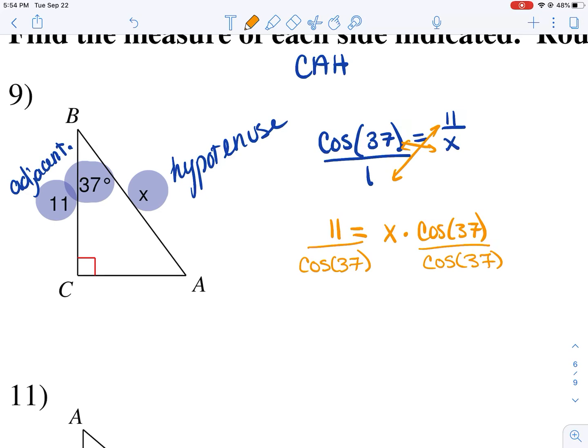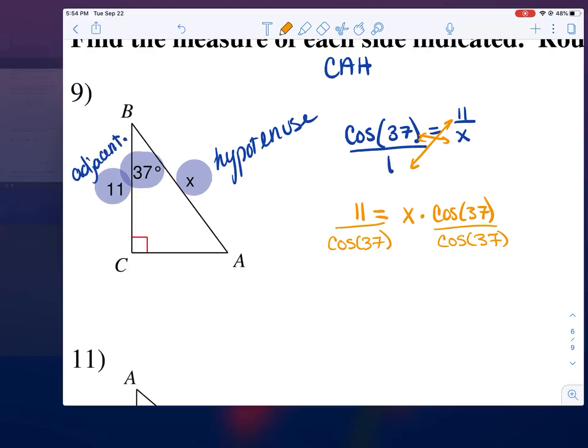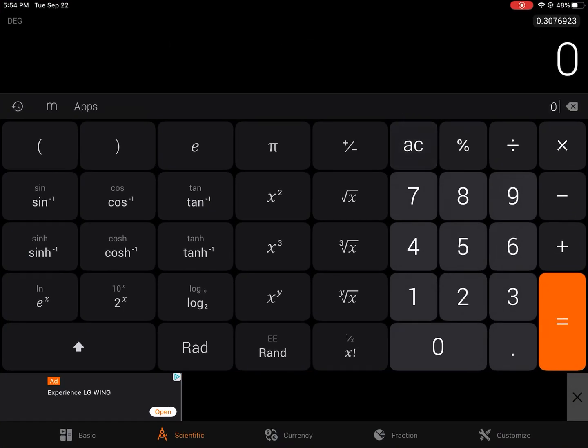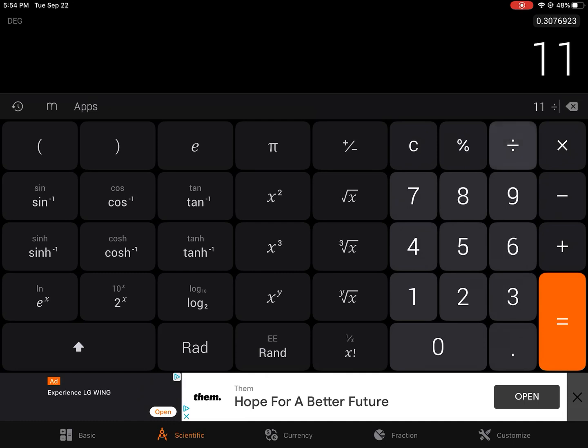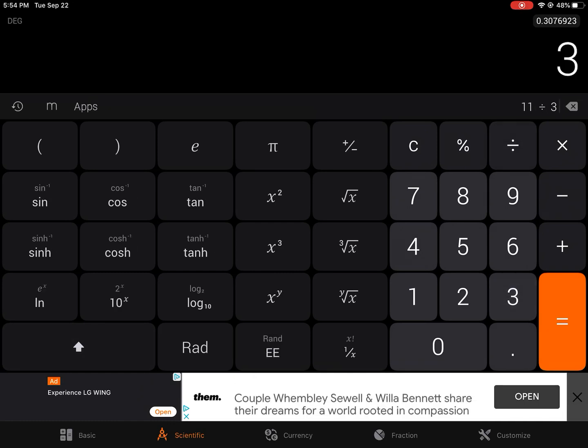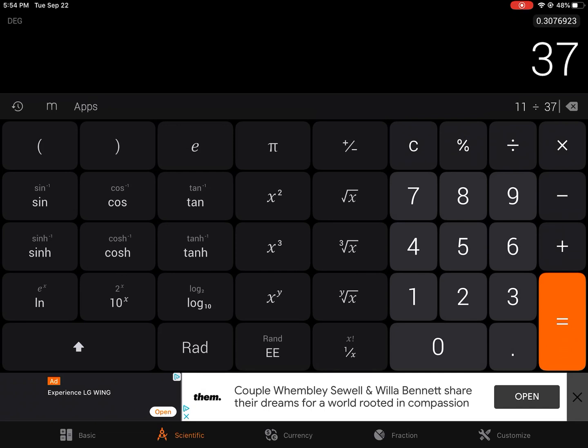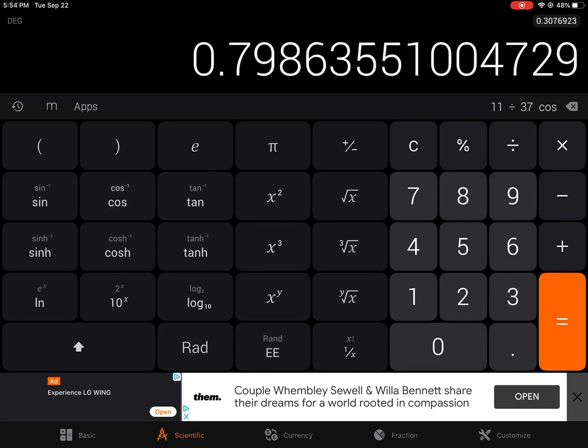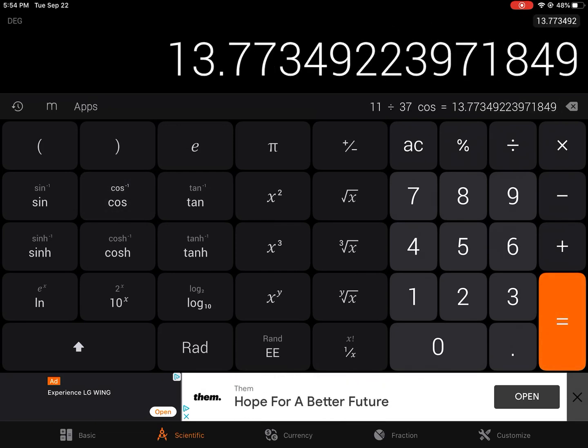And this is when that graphing calculator is a lot more helpful than the calculator I was using, but we'll go back to it. On our calculator, we need to do 11 divided by the cosine of 37. Not cosine inverse, but regular cosine. So let's do that. 11 divided by, and on this particular calculator, you have to hit 37 first and then cosine, and then equals.